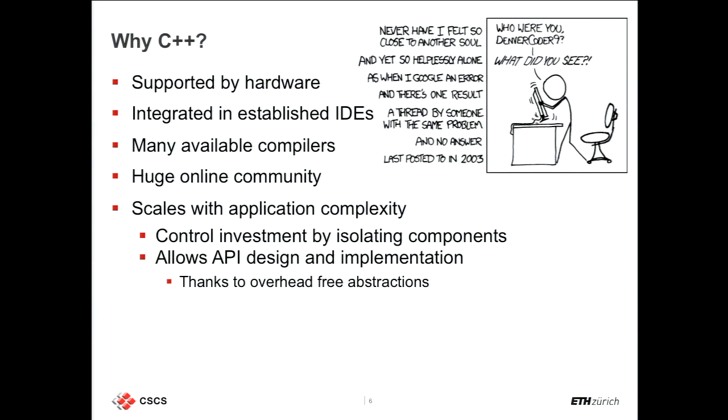And most of all, C++ allows you to write abstractions, so it allows you to compose, to write components and connect them without overheads, so very efficiently. And so your application complexity can scale up. You can develop very complex applications because you have all these components that work nicely together and efficiently.